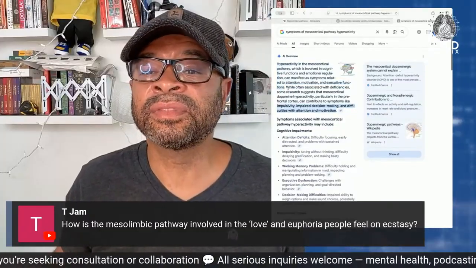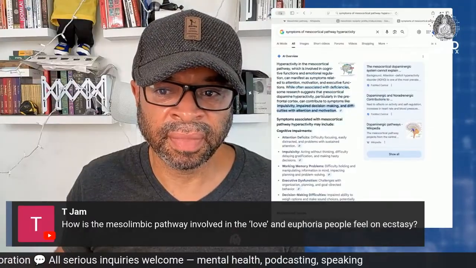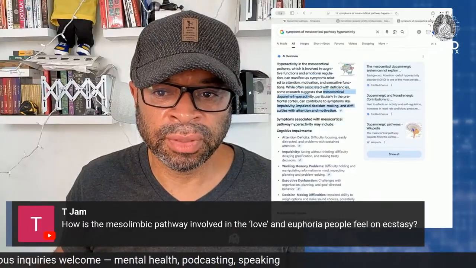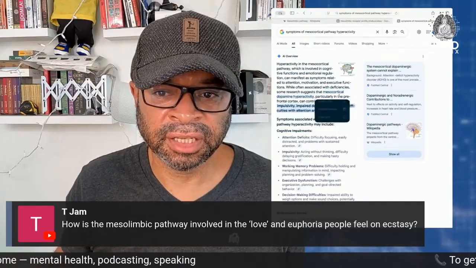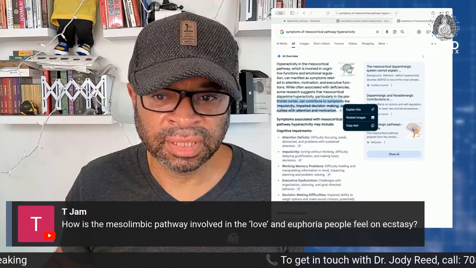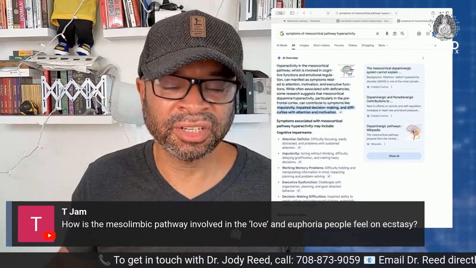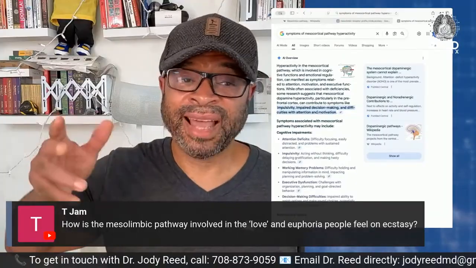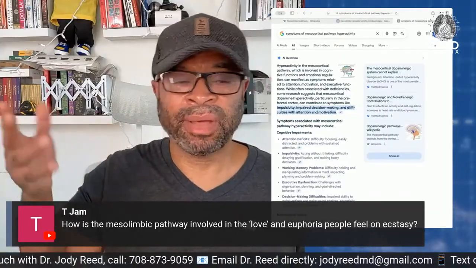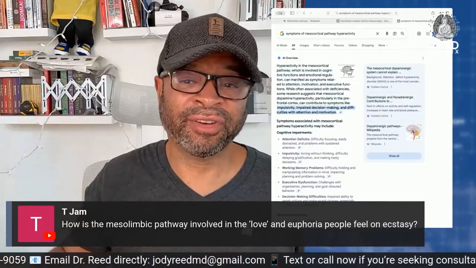While often associated with deficiencies, mesocortical dopamine hyperactivity, particularly in the prefrontal cortex, can contribute to impulsivity, impaired decision making, and difficulties with attention and concentration. Why? If you're blasting on that mesolimbic pathway and you're using all this ecstasy, it's going to turn everything up.